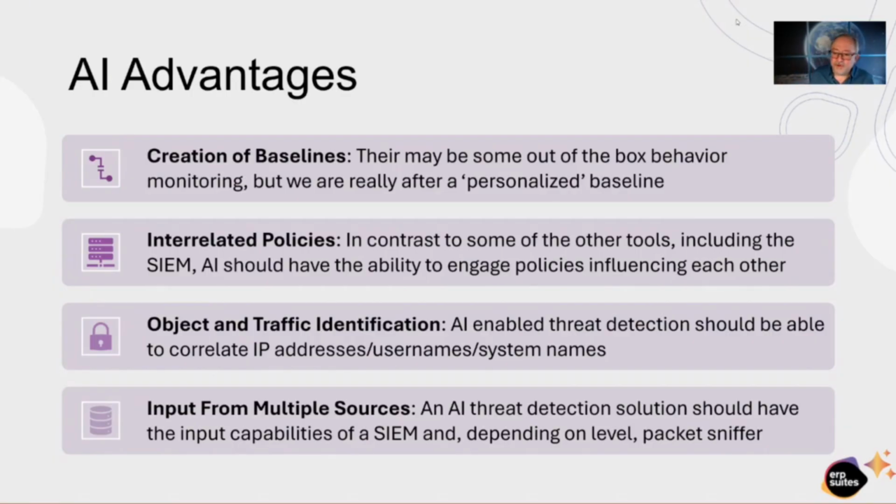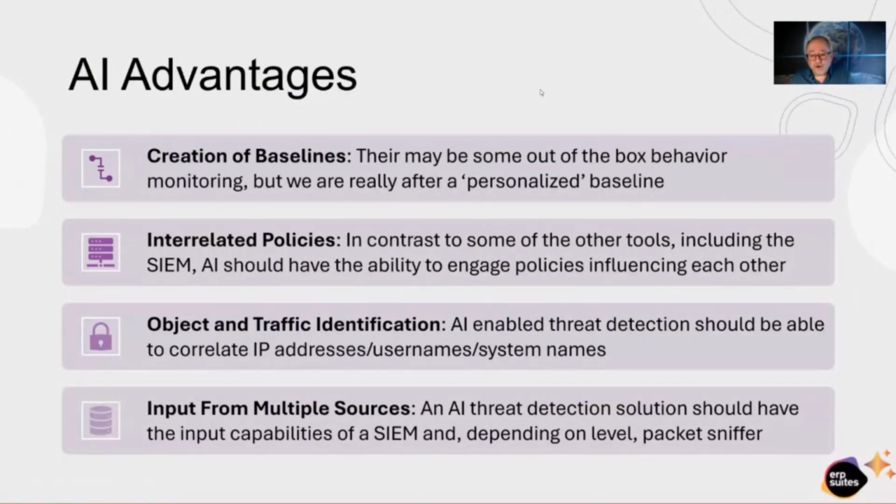Input from multiple sources. So an AI threat detection solution needs to have some of the same capabilities of a SIEM system. As a matter of fact, some of the better AI threat detection systems that you can get out on the market actually do have the ability to receive input from a SIEM system, pulling that in as well as different devices that may not be going into our system for whatever reason.